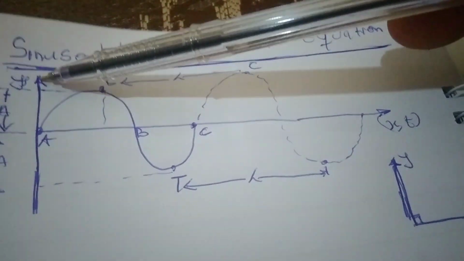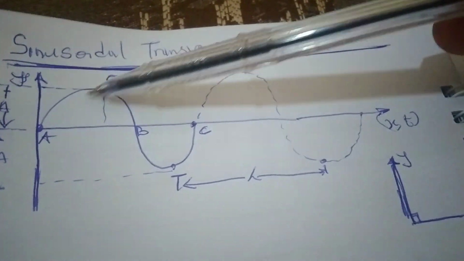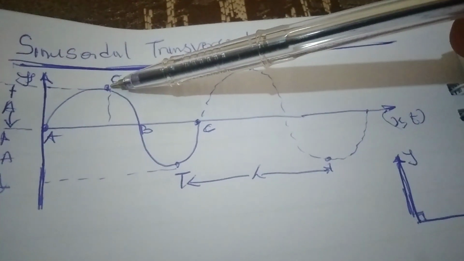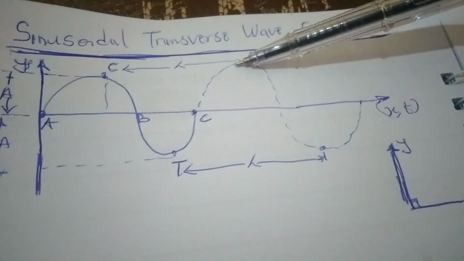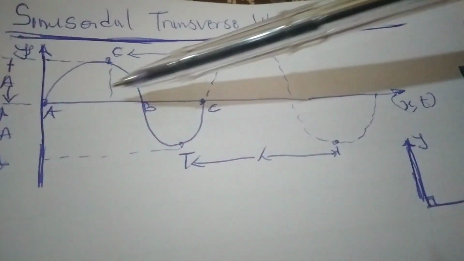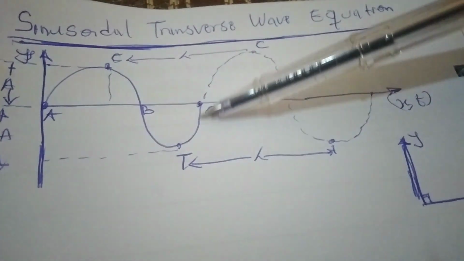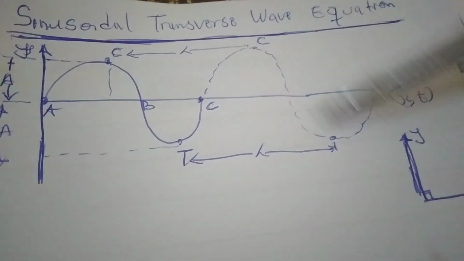But when the stone is dropped, the water levels keep shifting, and the particles shift to the maximum here at this point, then to the minimum here at this point, then back to the maximum at this point, and minimum at that point. This kind of movement is said to be periodic, and this particular shape of the graph resembles that of a sine graph.